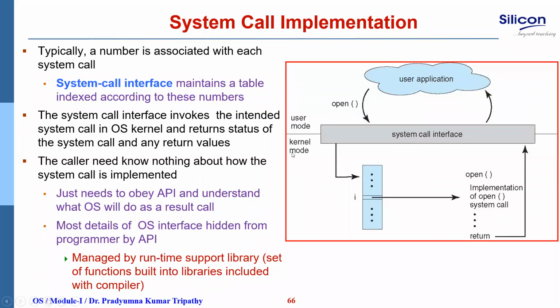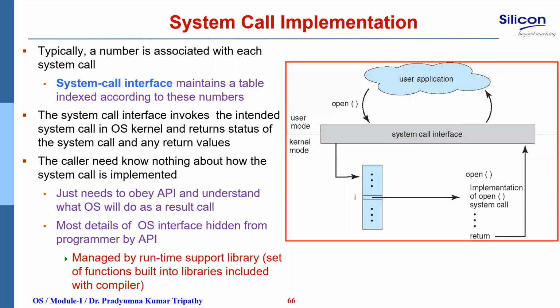So the lower part is the operating system, that is the kernel mode. This part is the kernel mode, correct? The upper part is the user mode, where the user application runs. The lower part is the kernel mode where your operating system is residing.